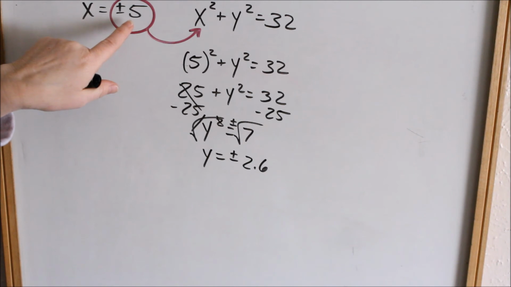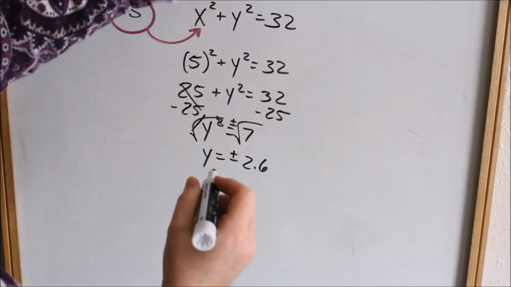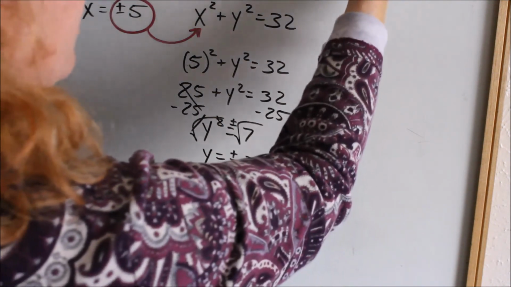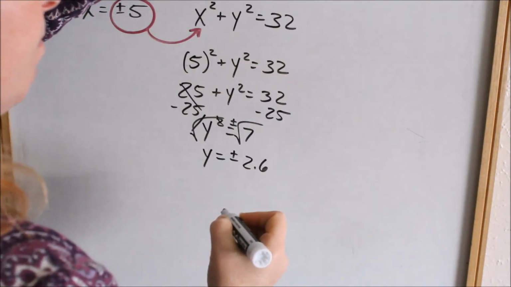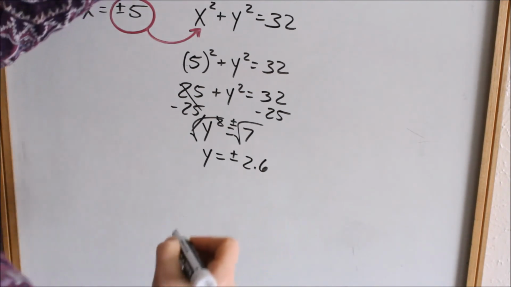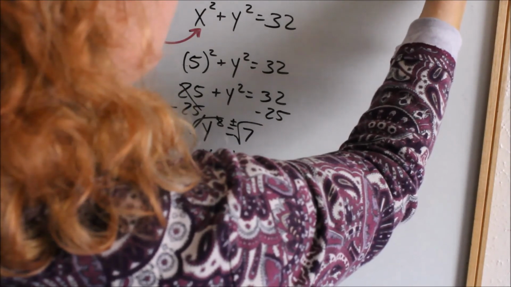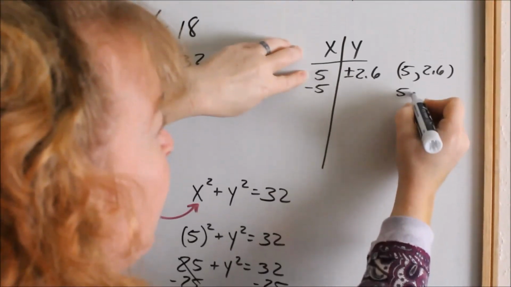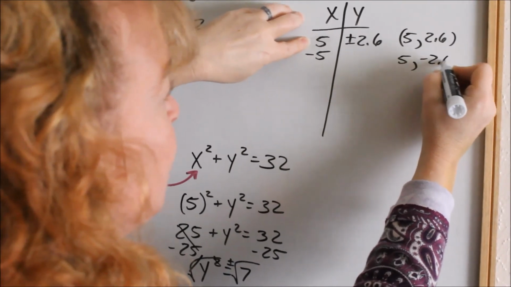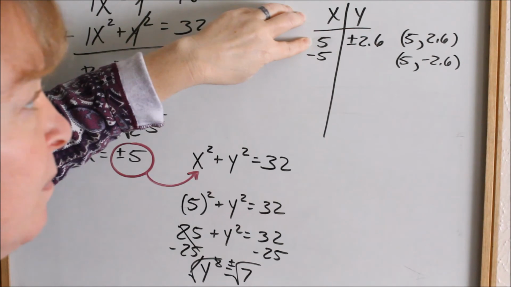When x was a positive 5, I got a value of plus or minus 2.6. Basically, that's 2 points right there. When x is 5, I got a positive 2.6. When x is 5, I got a negative 2.6. That's 2 coordinates right there.